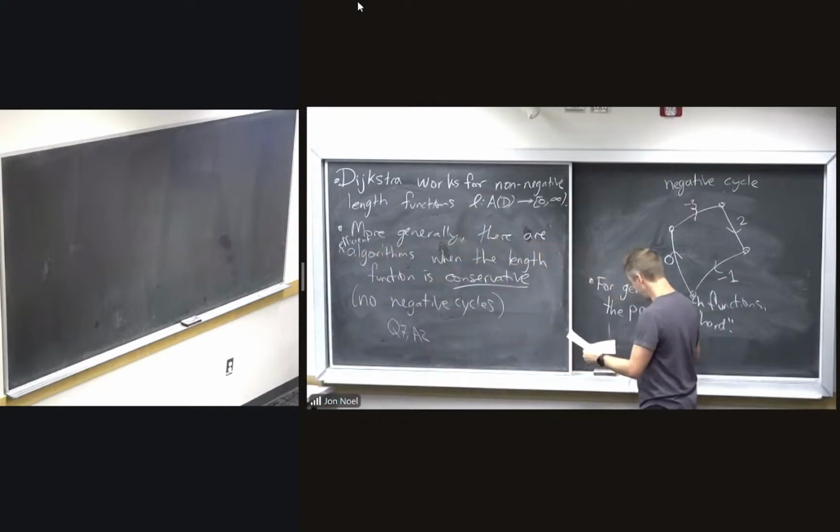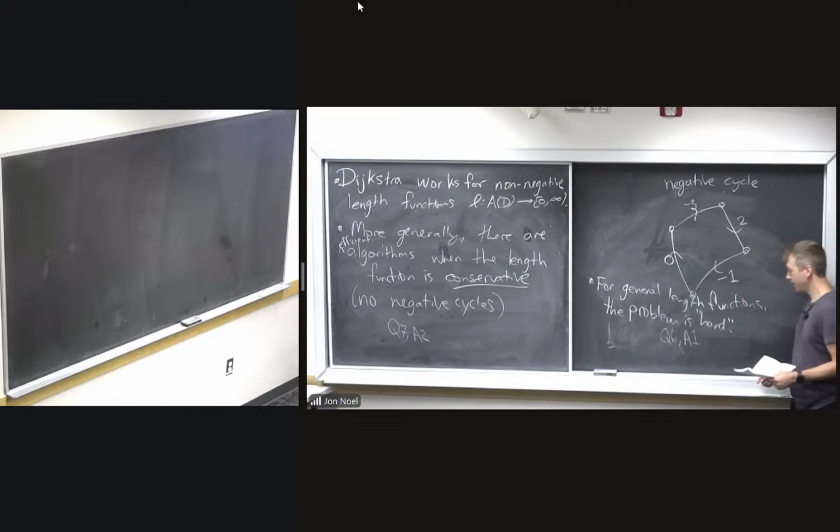And on question 6 on assignment 1, you're going to demonstrate that if you have general length functions with no restrictions, the problem is hard. So these things are going to come up in your assignments.